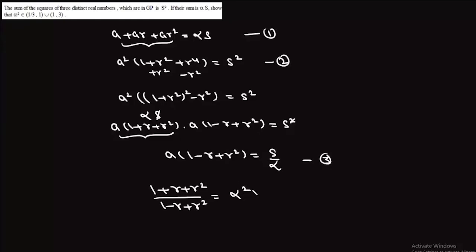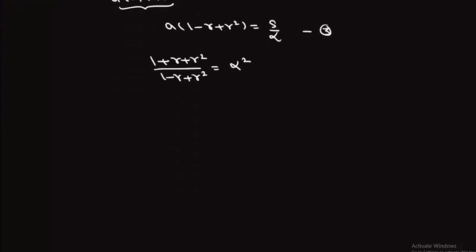Now we need to find a range of alpha square. Now we can write this as (alpha square minus 1) into r square minus (alpha square plus 1) into r plus (alpha square minus 1) equals 0.